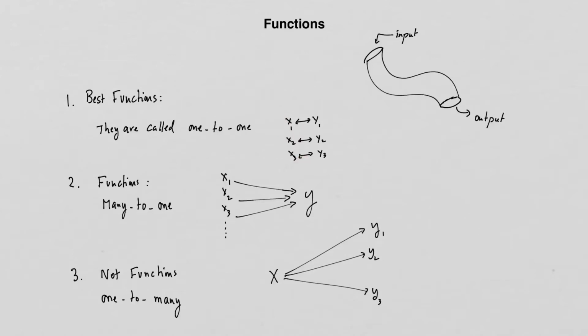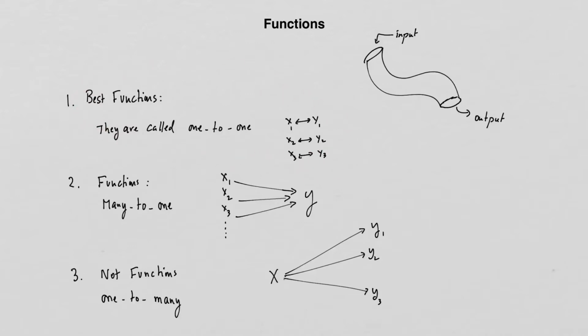So that's why I put the arrow both ways, okay? The concrete example I gave you the other day was, you have a mailbox. Your friend has a mailbox, a different mailbox, and your mom has another mailbox. Everybody has a mailbox. This mailbox refers to you, and you are connected to that mailbox. So it's one-to-one. These are the best functions, as you will see in future math courses.